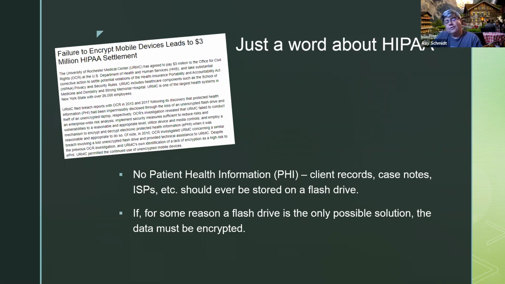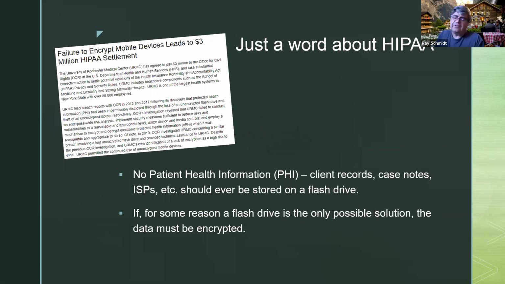The fines are always substantial when that happens. So I always try to put this point across just to make sure everybody understands that HIPAA breaches in this case can be really, really extensive.